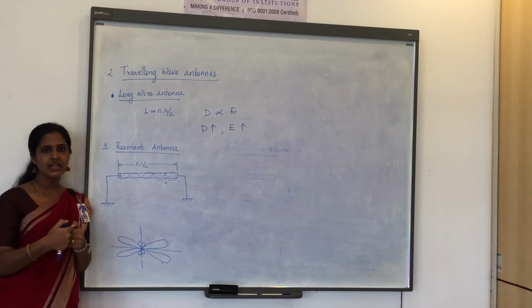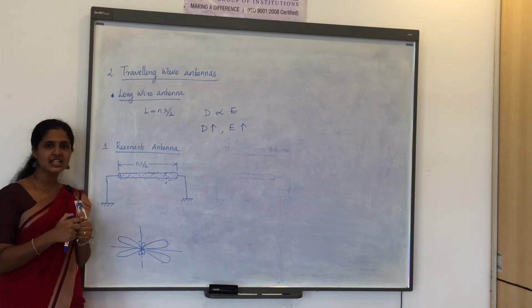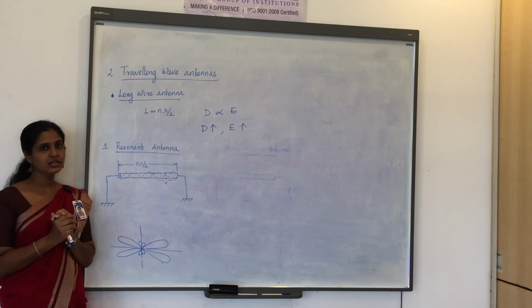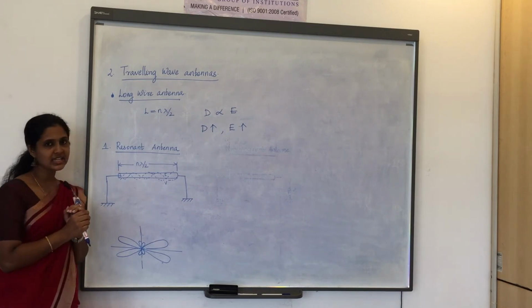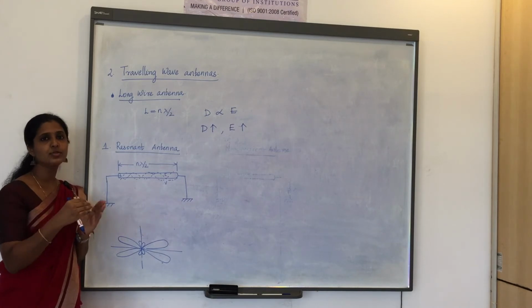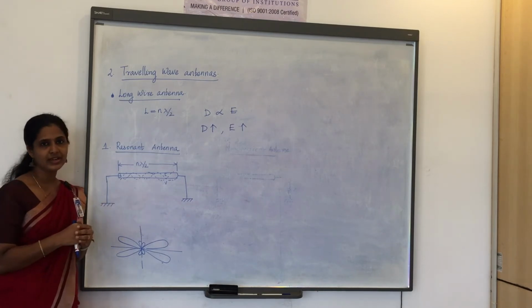And what is a long wire antenna? A long wire antenna is a combination of many dipole antennas. For example, if there are n dipole antennas put in series, we get a long wire antenna.